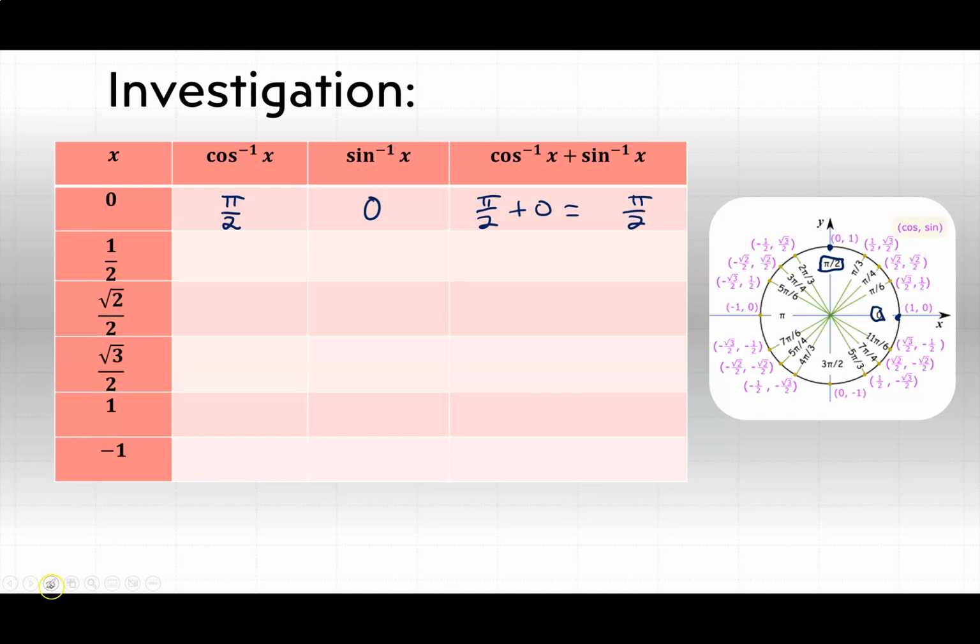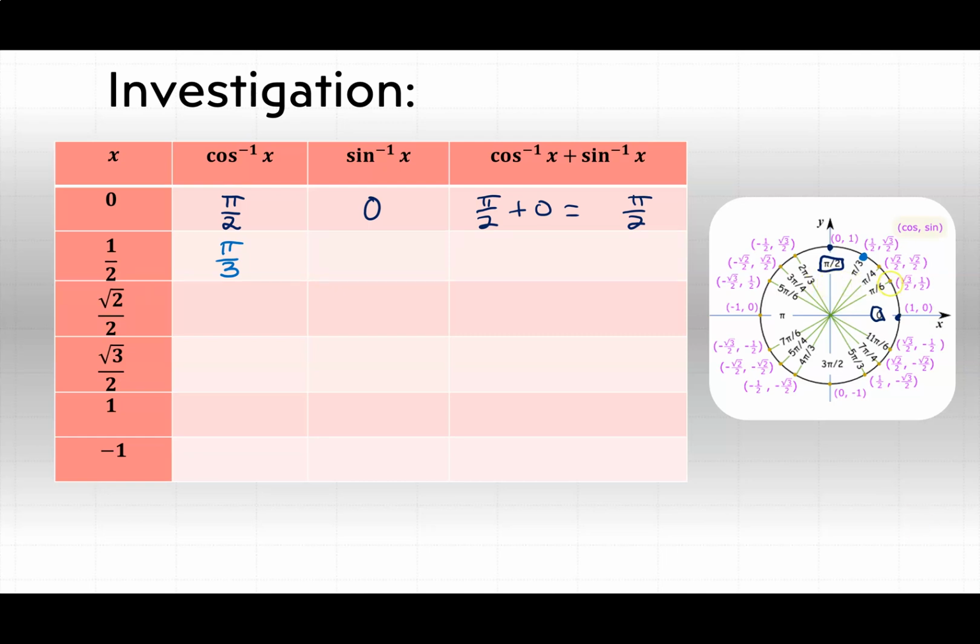next we have inverse cosine of 1/2. So the question is at which angle is cosine a half? Cosine is on the x value, and cosine is a half when you are at pi over 3. So that would be pi over 3. And then inverse sine of 1/2. When is sine 1/2?